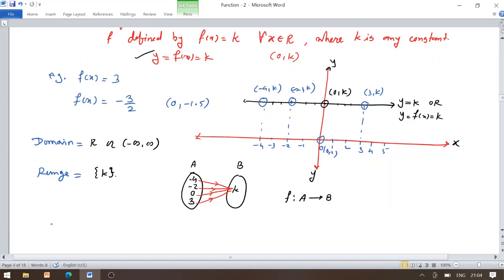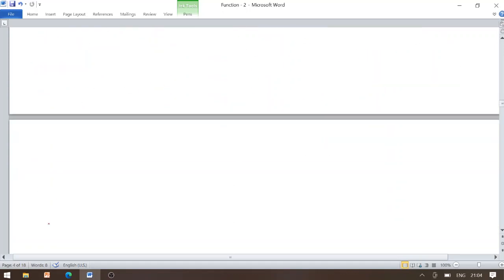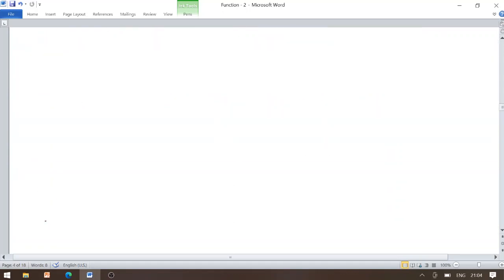Now we would like to discuss the next type of function, that is the identity function. The name itself indicates it, again it's a definition.